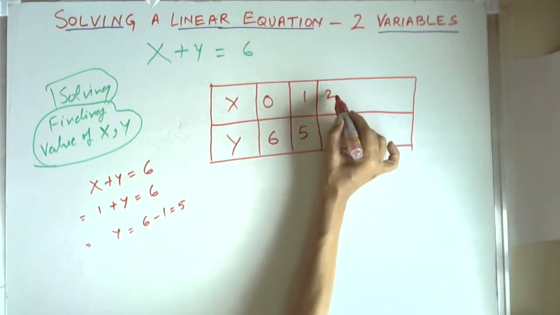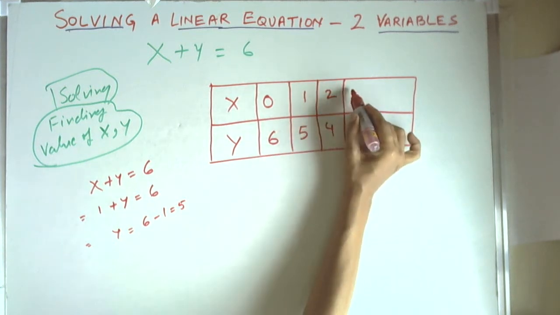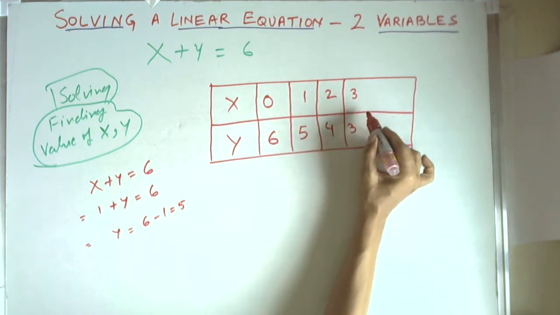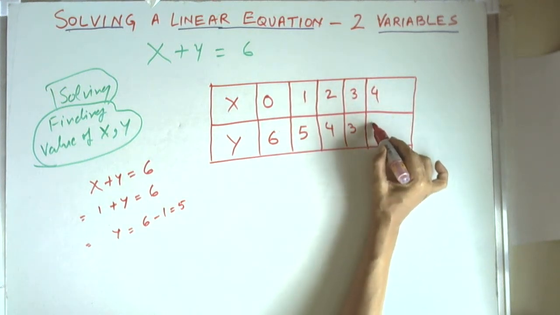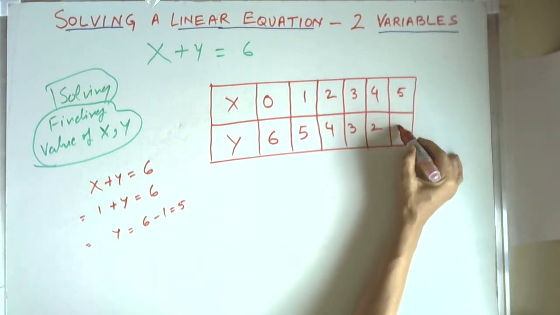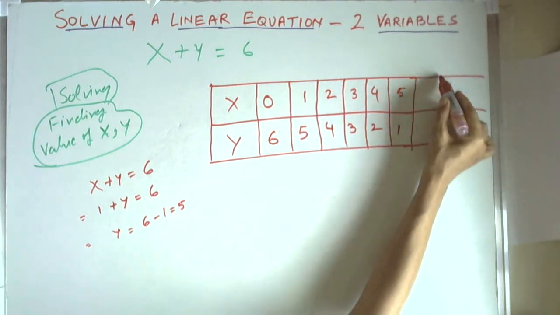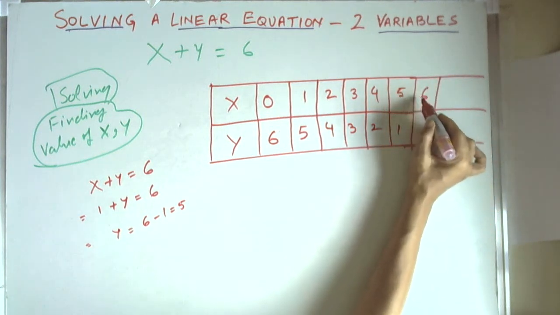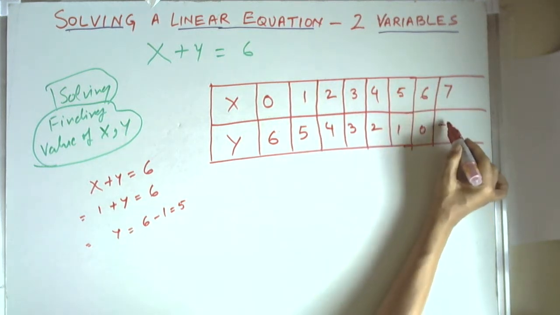Then we take 2 and we will get 4, and if we take 3 here we will get 3, and if we take 4 here then we will get 2, and if we take 5 here then we will get 1, and we can continue like this. If we take 6 here then we will find 0.